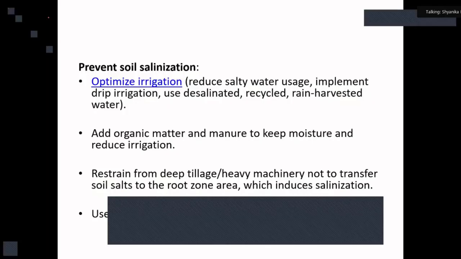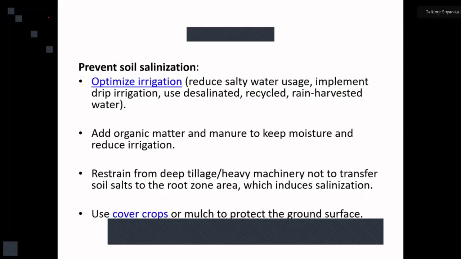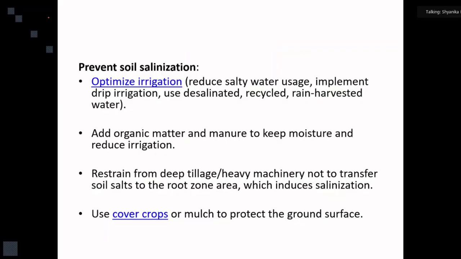Okay, then the third land degradation problem is soil salinization, right? How to prevent this soil salinization? To do that, we want to optimize the irrigation, right? Why does this soil salinization happen? What is the reason?